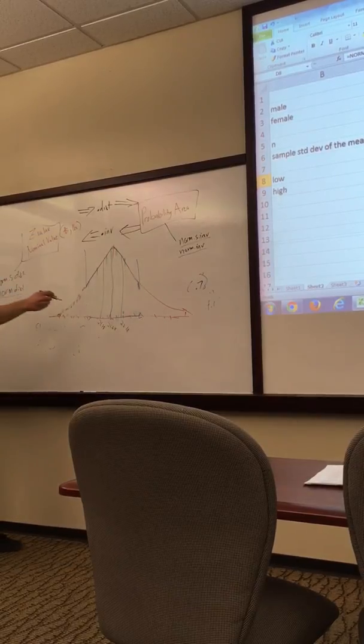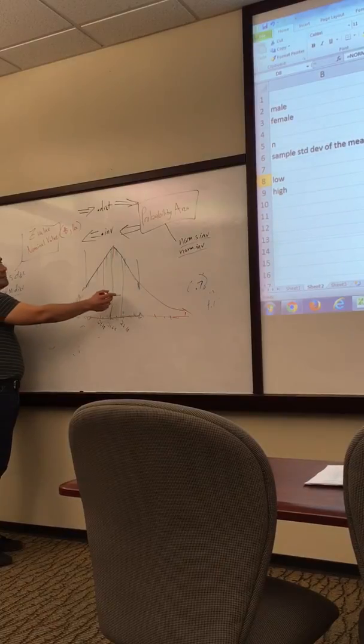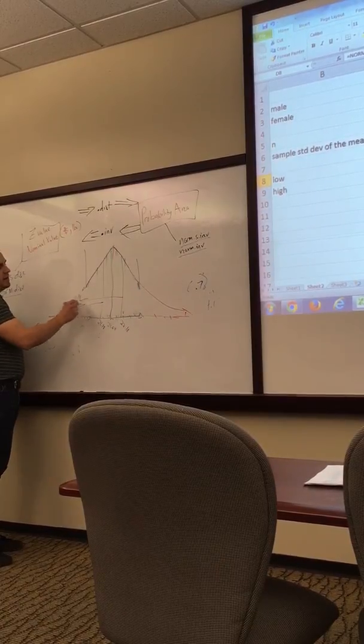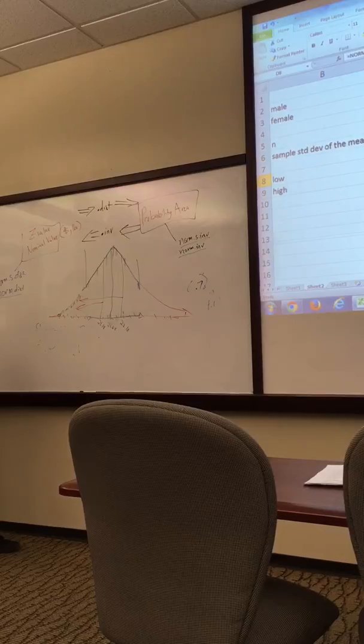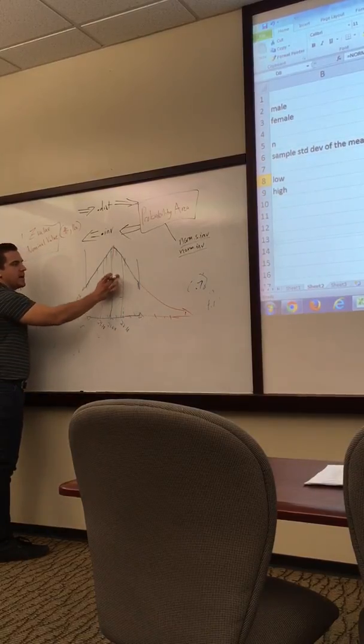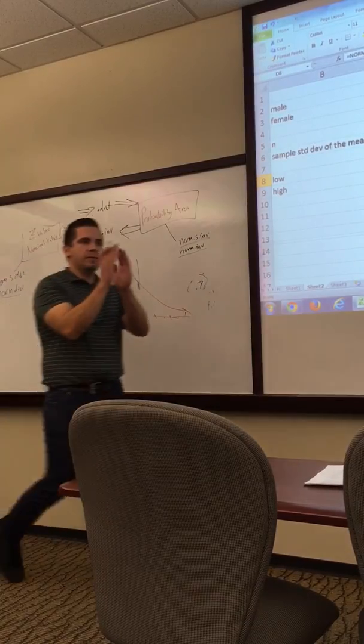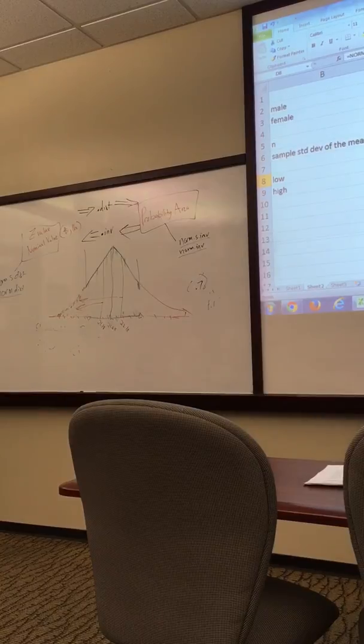Our low bound area gave us the area to the left of our low bound, and our high bound area gave us the area to the left of our high bound. If we take the difference between those two, we find the area between them, and this area is the probability that we come between those two values.